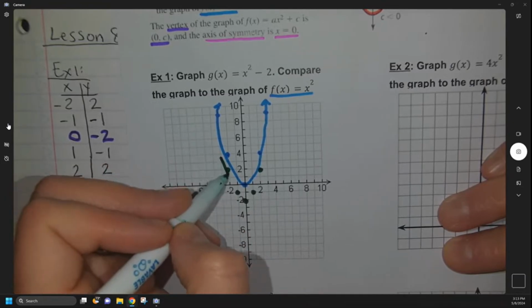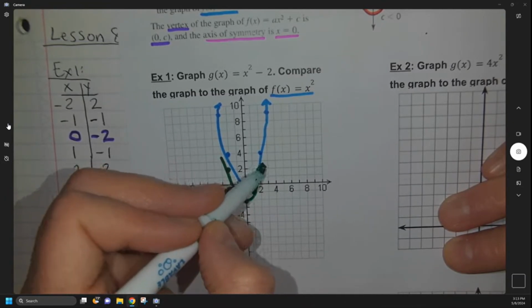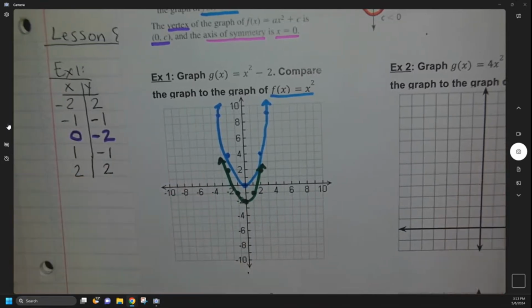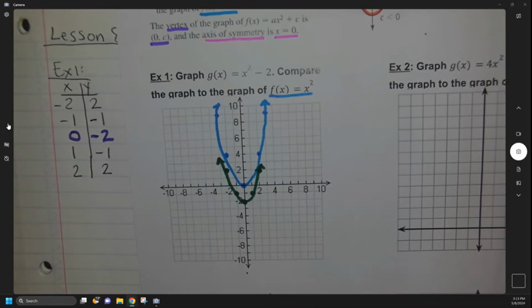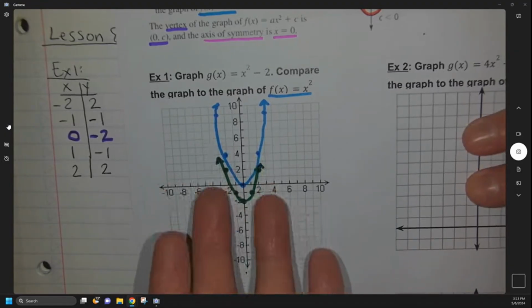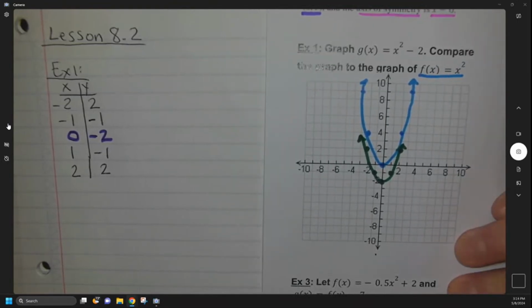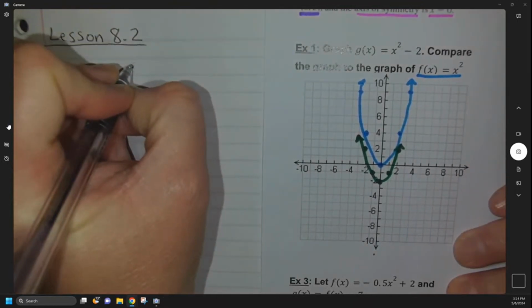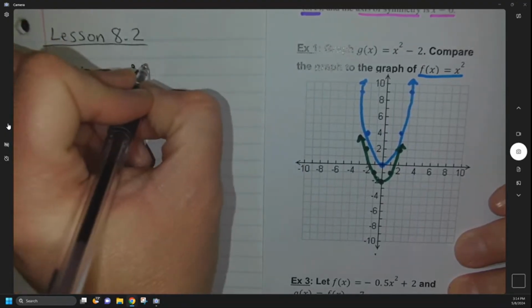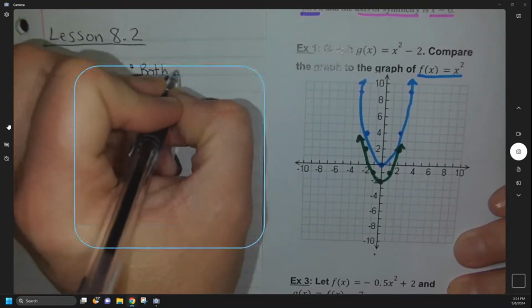So we notice right here, we got this going on. So that's ours. Now we have to compare them. So I notice when I'm looking at it that both graphs are facing up. So let's jot these things down as we're talking about them. We're going to do some shorthand just to remind ourselves. So both graphs up.